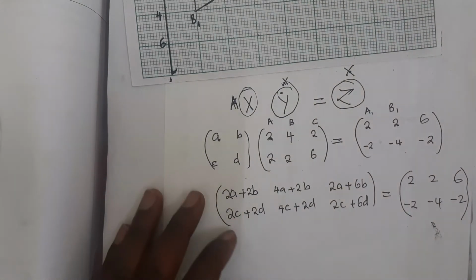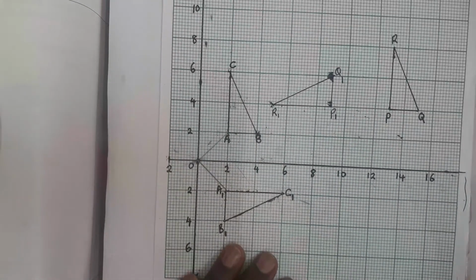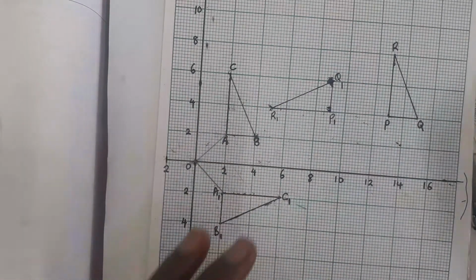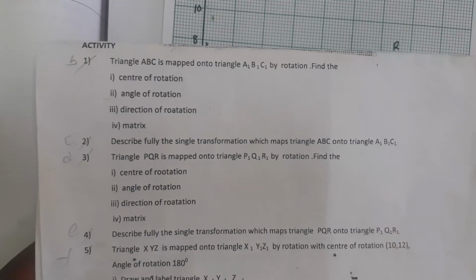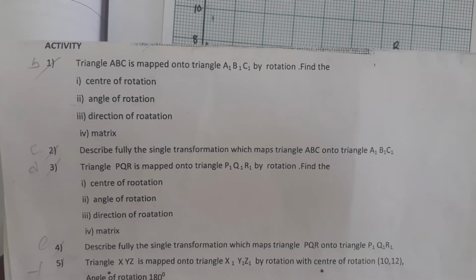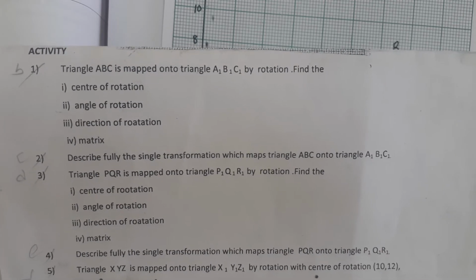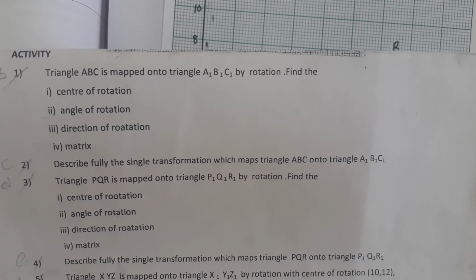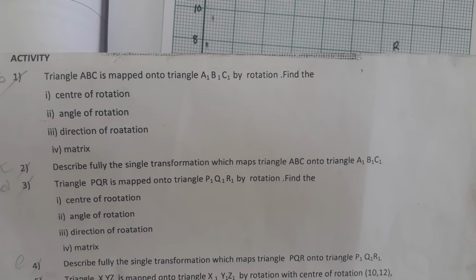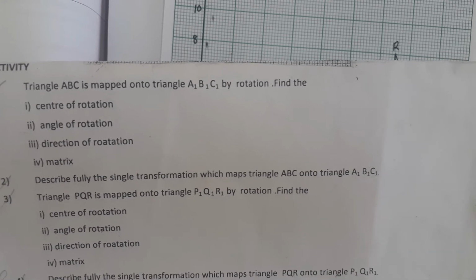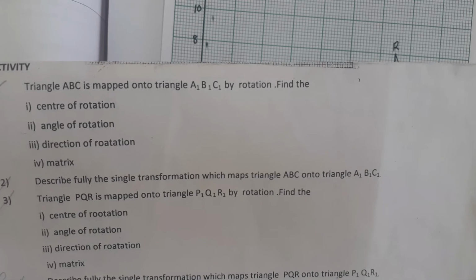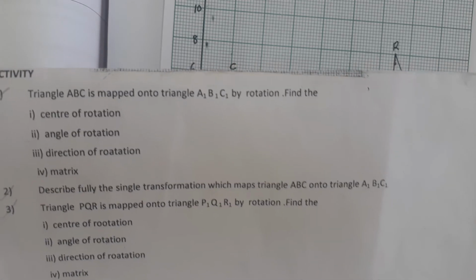We go back to our questions. Question 2. Describe fully the single transformation which maps triangle ABC onto triangle A1, B1, and C1.